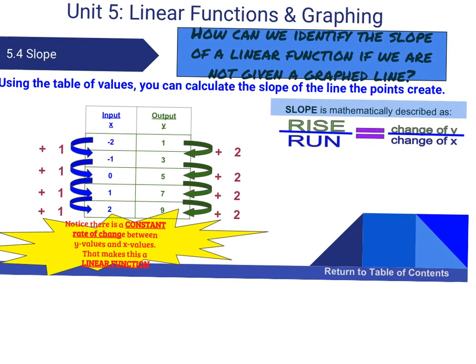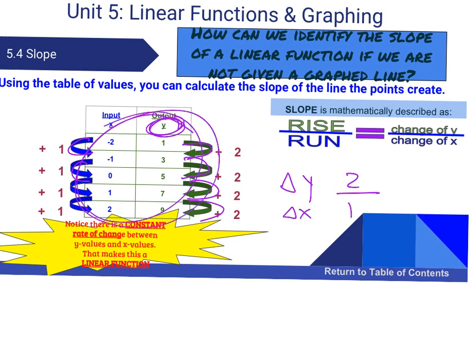For this specific table of values for this relation, I went up 2, up 2, up 2. That's the change of y. The change of x was up 1, up 1, up 1. So the slope of this relation, of this function, which is linear because it's constant, is 2 over 1.